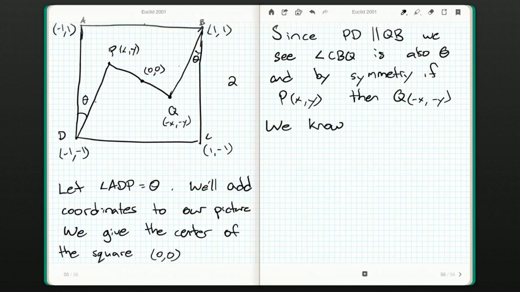So we know that we got some equal lengths here. And thanks to coordinates, we can use the distance formula. So we know PD has the same length as PQ. So let's use the distance formula.